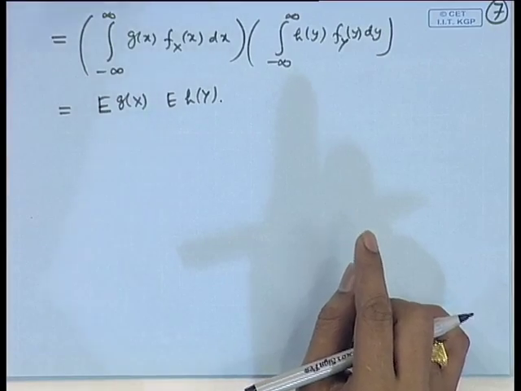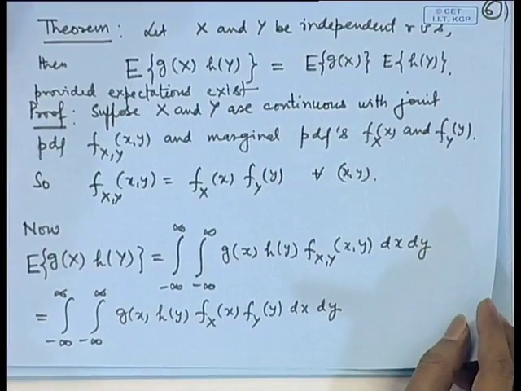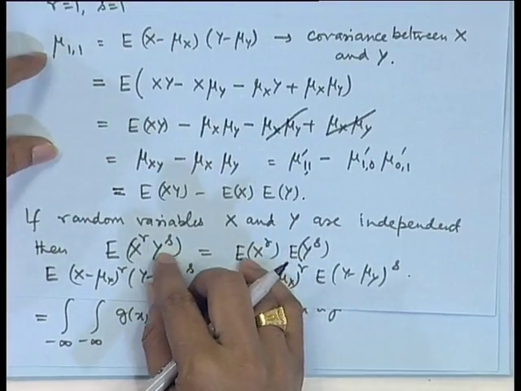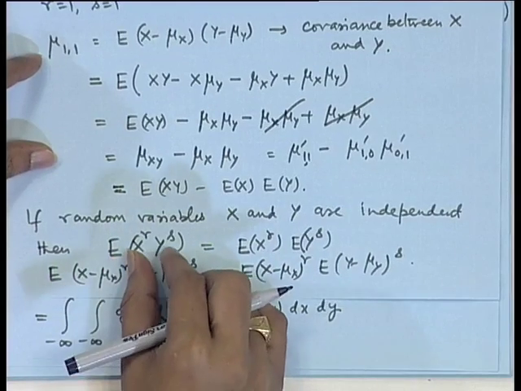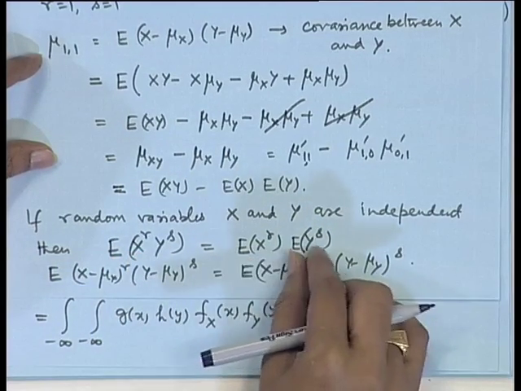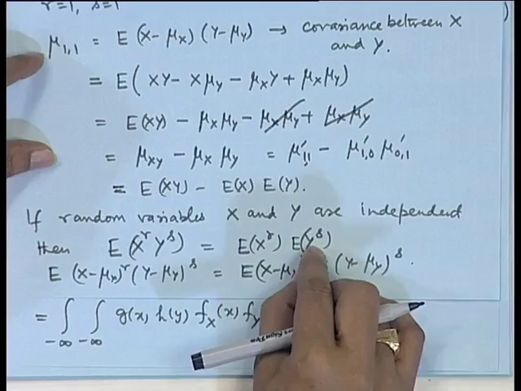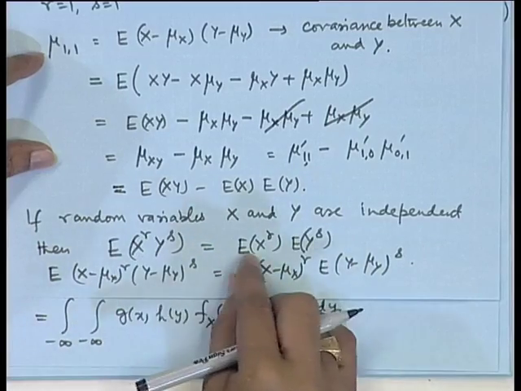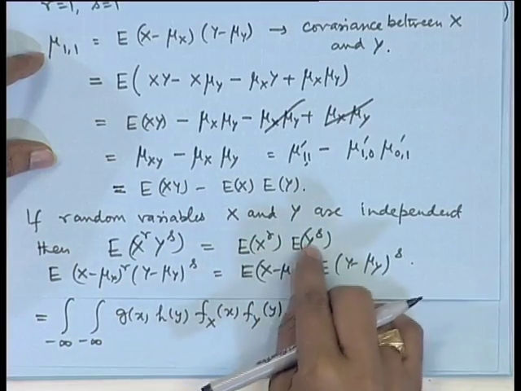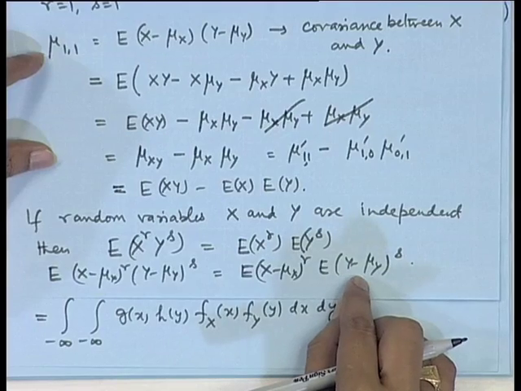So, in particular, if g(x) is x to the power r and h(y) is y to the power s, expectation of a product moment is equal to product of the individual moments, and this statement is valid for non-central as well as central moments.